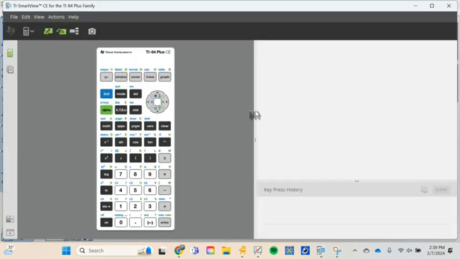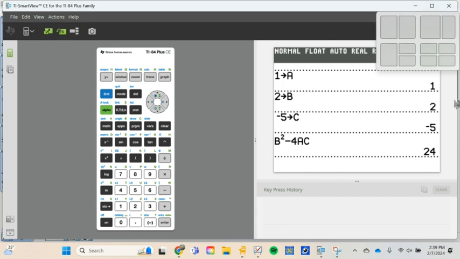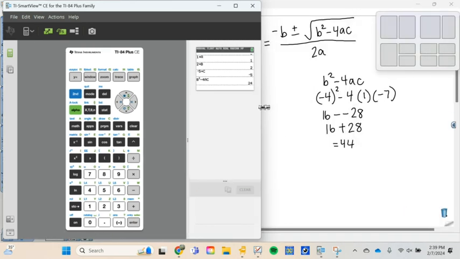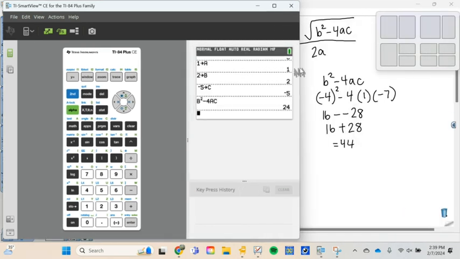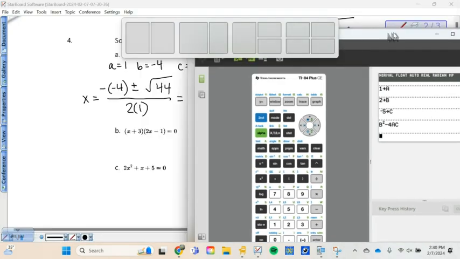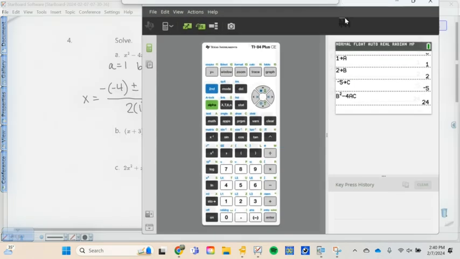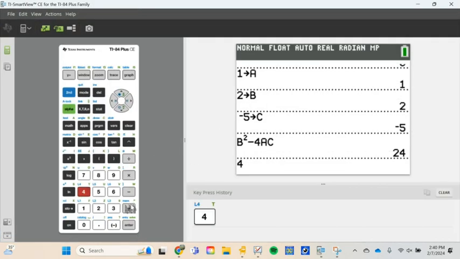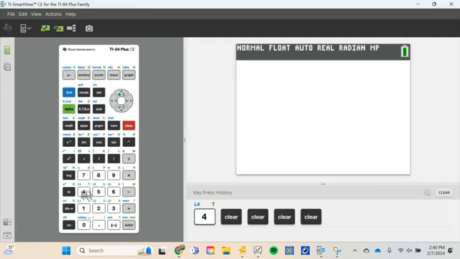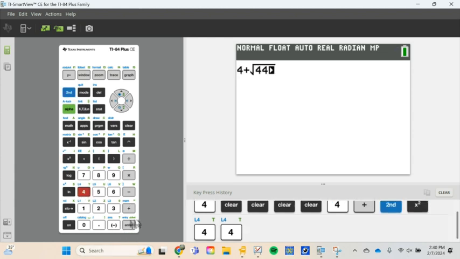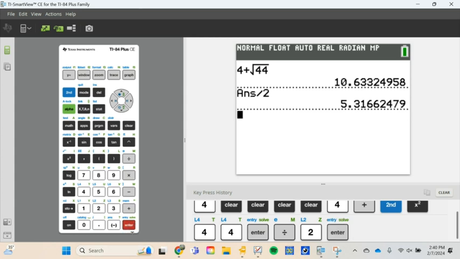But we can also just figure out the approximate value. So if I take, what was it, 4? Yeah, 4, let me clear everything out so I'm not confused. 4 plus the square root of 44. And then I'm going to just hit enter so I don't have to deal with parentheses. But then I'm going to divide it by 2, right? Divide by 2.